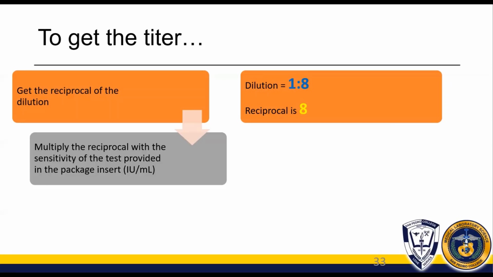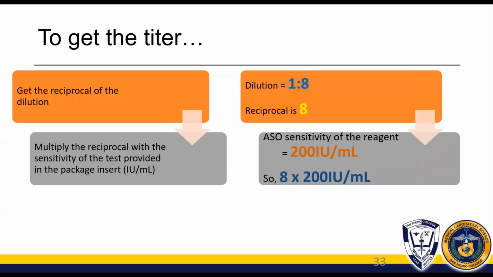The sensitivity of the test for ASO is 200 IU per ml. Okay? So, yan ang ginagamit talaga na concentration of the reagent. So, you multiply the reciprocal, which is 8, with the sensitivity of the reagent, which is 200.